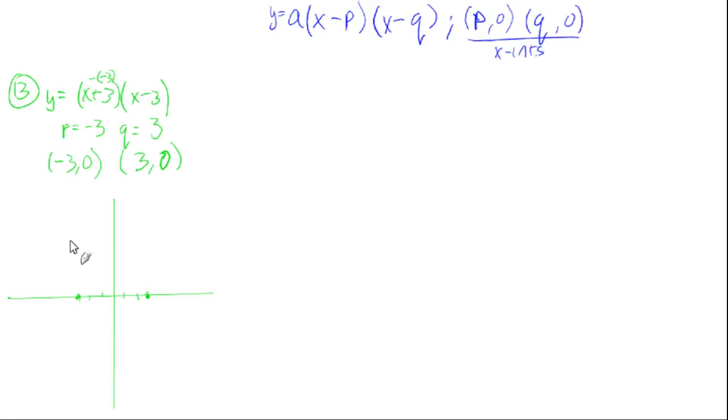Whether it comes down like this or goes up like this, or it could be a lot taller and open up, whatever it's doing, it's going to go through those 2 points, and in all those scenarios the vertex is going to be right in between them. Since these are equally spaced away from the y-axis, the vertex is going to be somewhere on the y-axis, so that's where our line of symmetry is going to be.